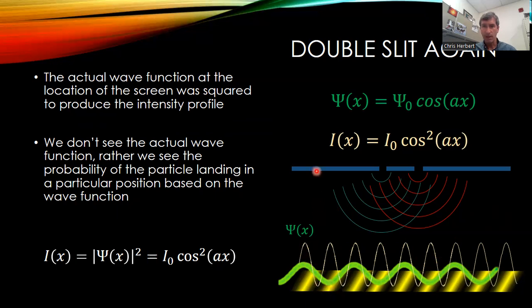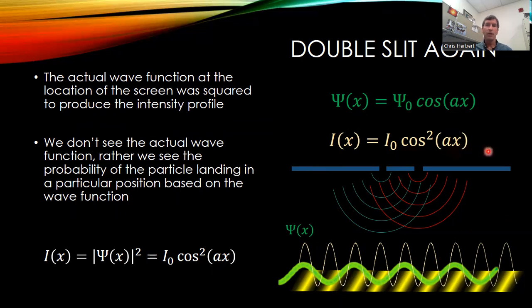So here we can imagine that this particular wave function at the location of the screen for these electrons or for these photons would be some function Ax, cosine Ax, okay? So the intensity that results will be cosine squared Ax.